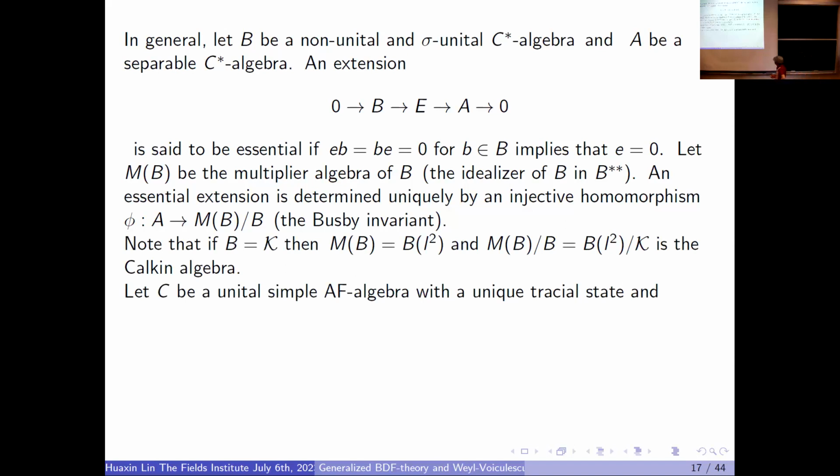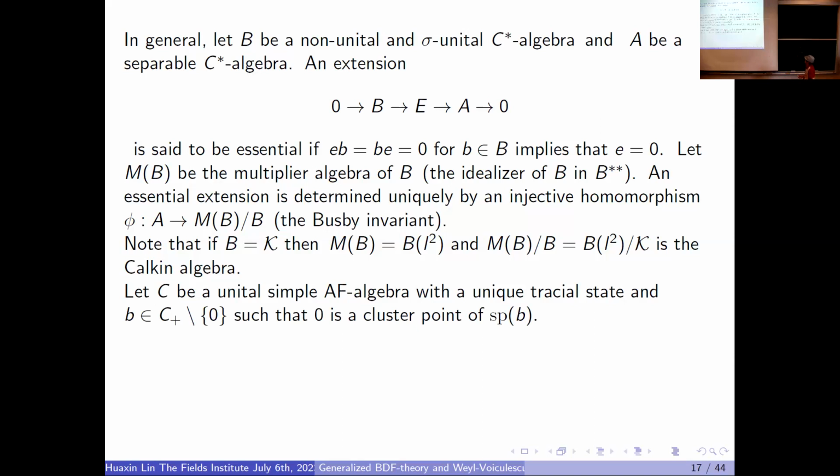So why do we still want to look at extensions since we already have the Kasparov theorem? Let's look at a special case. Let's look at a unital simple AF algebra with a unique tracial state and take an element which is not, in the Murray-von Neumann sense, Cuntz equivalent to a projection.